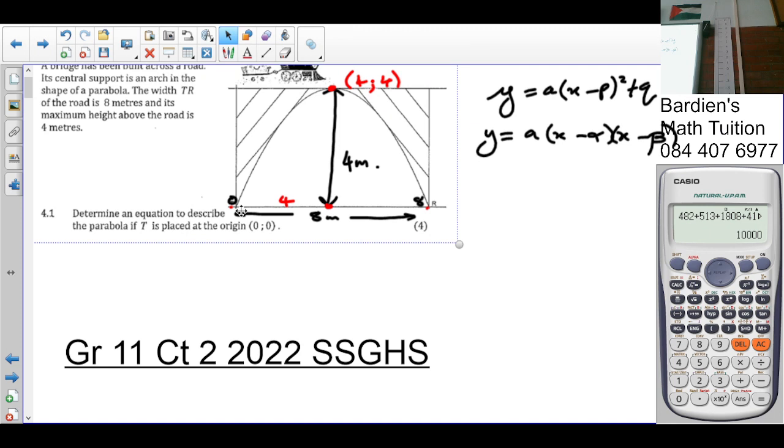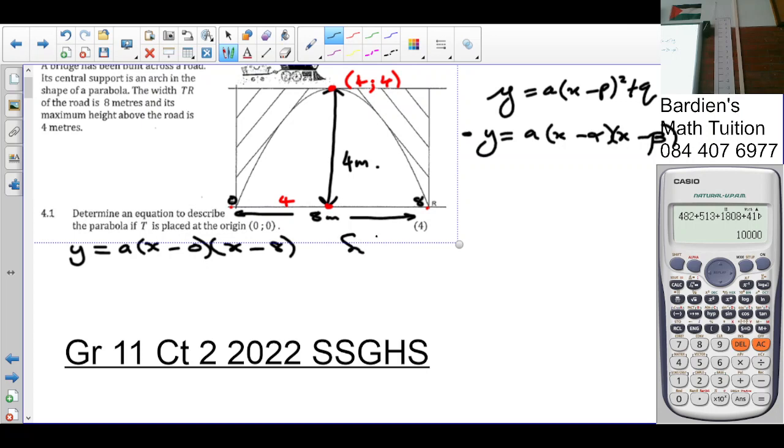So I'm going with this one here. So we say y is equal to a into x minus x1, which is 0, x minus x2, which is 8. Now in order to calculate my a value, I need to substitute the point in the graph I haven't used, which is 4 and 4, which is the turning point of this graph.